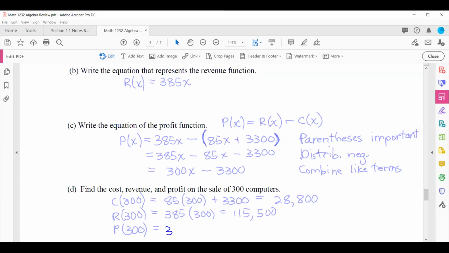And then if I substitute 300 into my profit function, I should get the difference between the two numbers that I just found, which is 86,700. Nice little profit there. Okay.